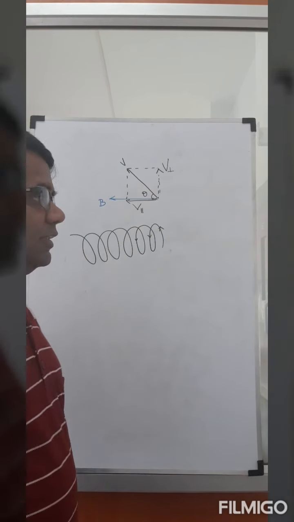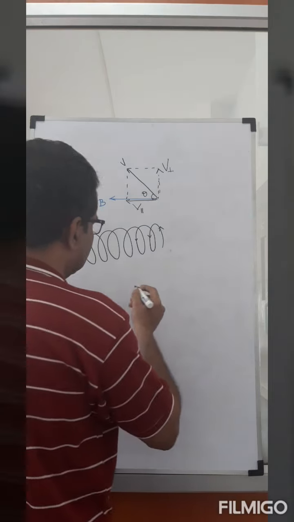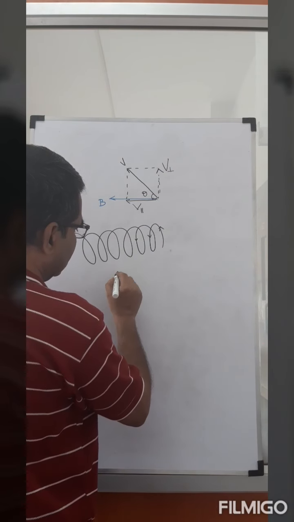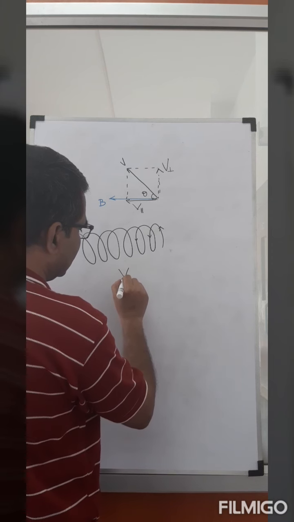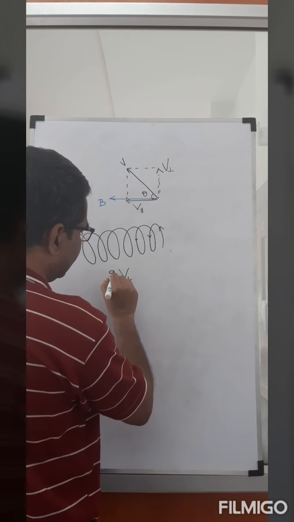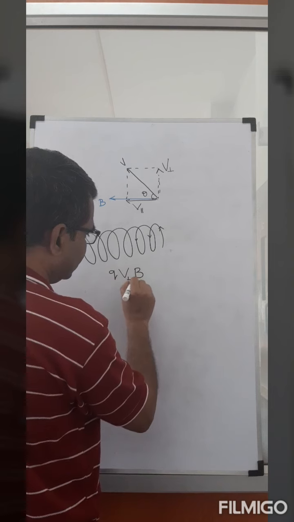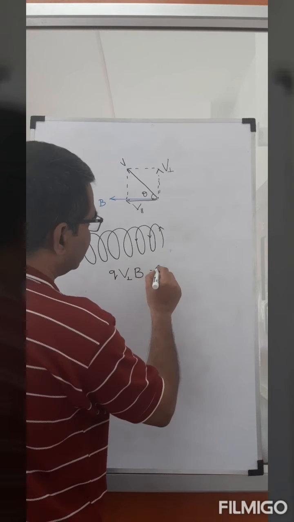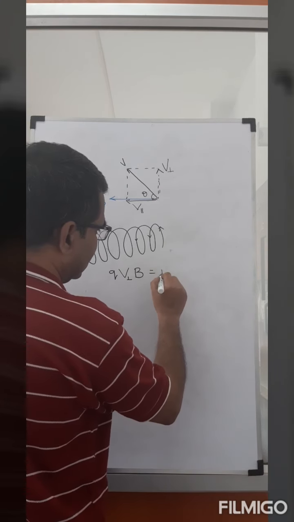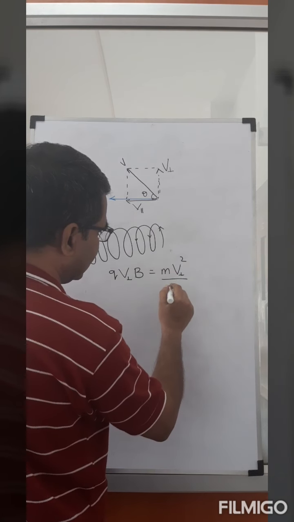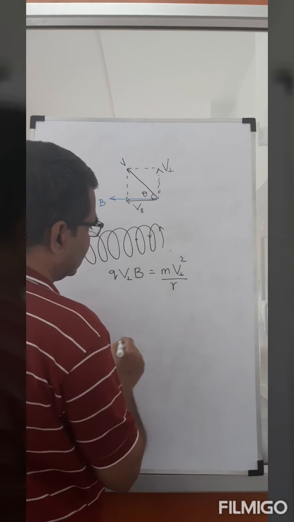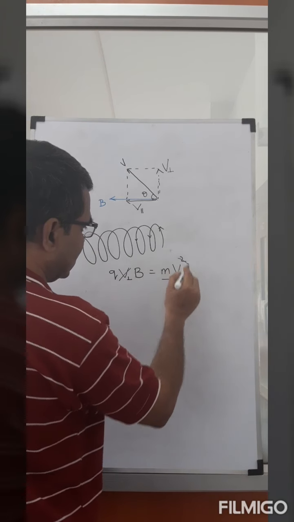We said F, which is q v perpendicular B, was equal to m v perpendicular squared by R. So this and this will cancel.